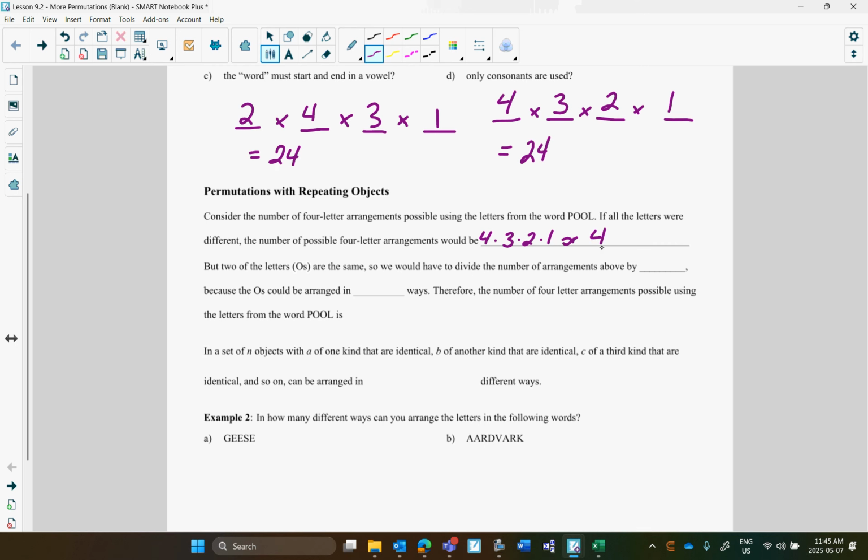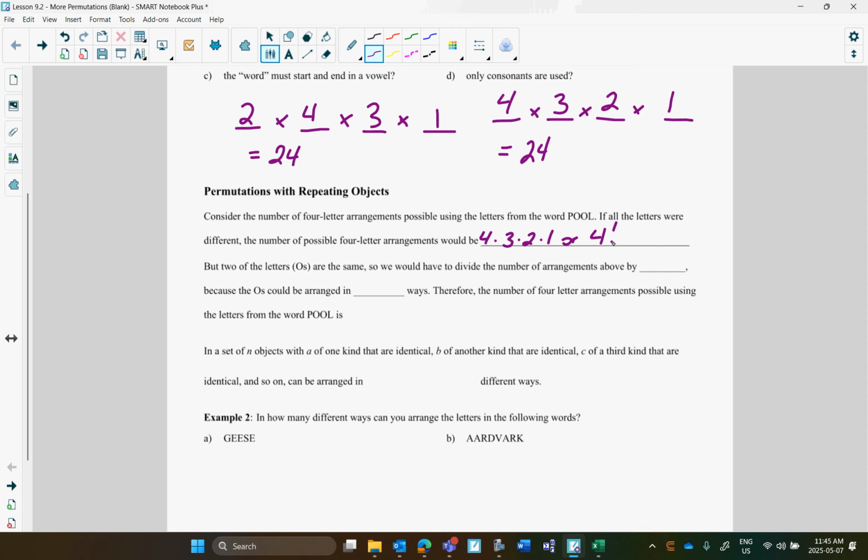Or 4, what's the shorthand? It's not 4 2. 4. Yeah, but what's the mathematical name? All right. Factorial. Okay.